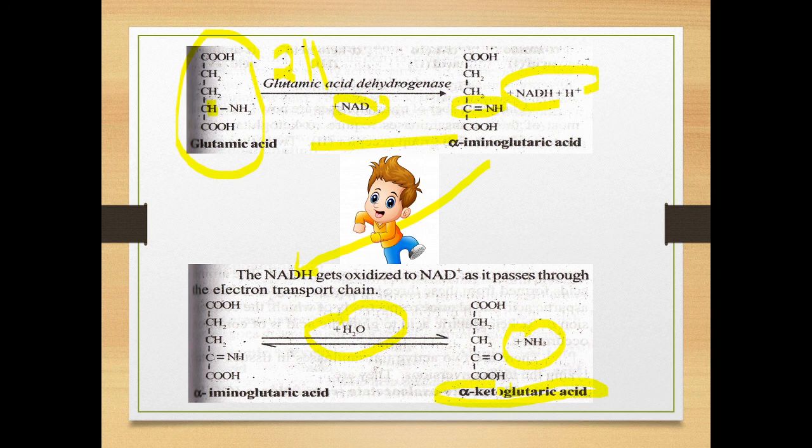This is oxidative deamination, very simple steps. In the first step, two hydrogen atoms are removed, and in the next step, water is added and ammonia is removed. So a new compound is created here: glutamic acid is converted to alpha ketoglutaric acid.